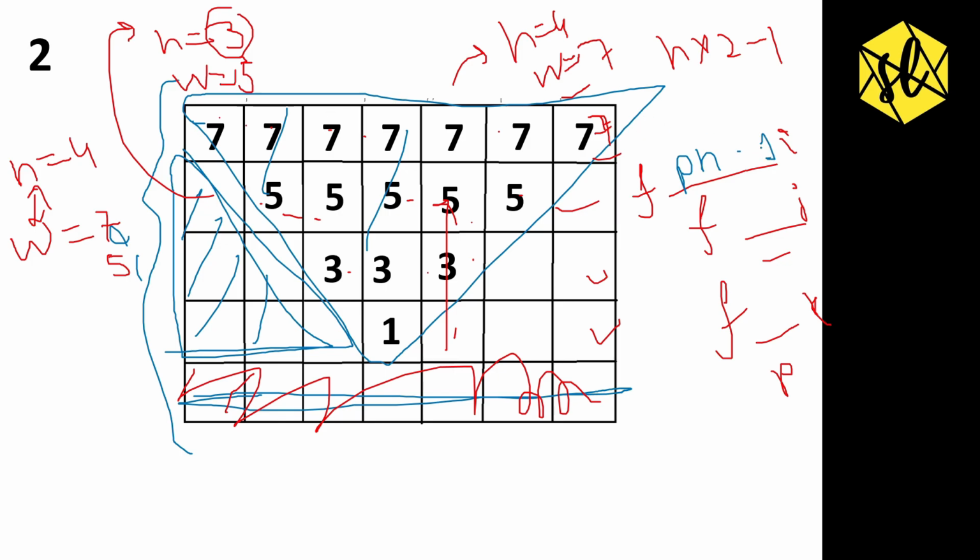Now you will say why? Because you see here first the height is 4, then it is 3, then it is 2 and then it is 1. So basically it is decreasing by 1 with each line. That is why we are writing here from p height decreasing till 1.